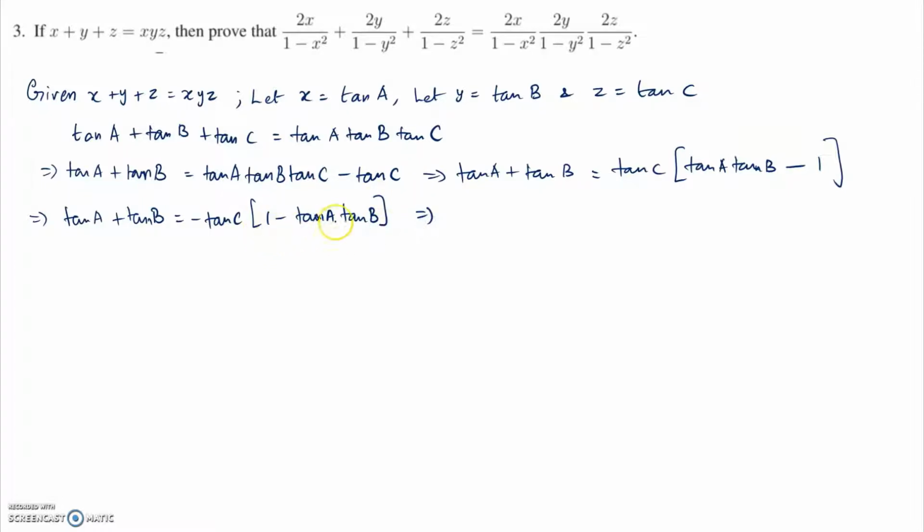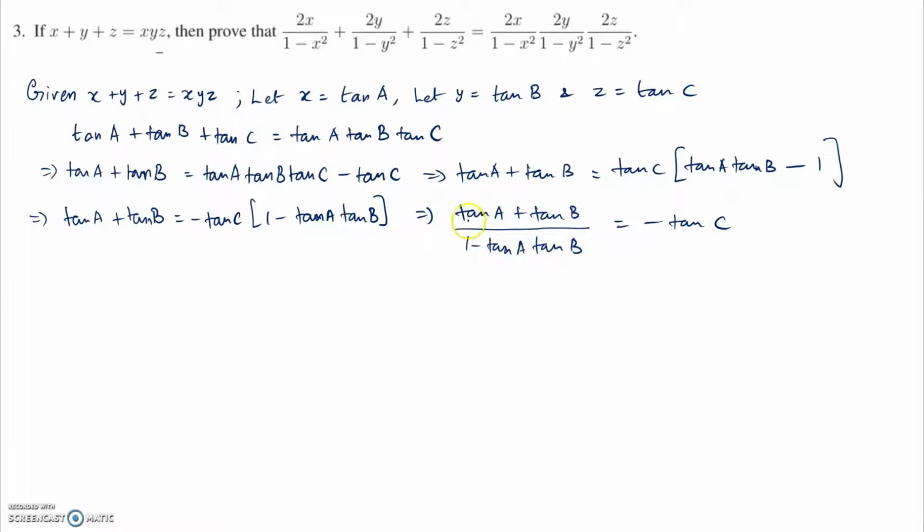So now let's bring this expression to the left hand side. So that means you will divide it. So this becomes tan a plus tan b divided by 1 minus tan a tan b, it's equal to minus tan c.